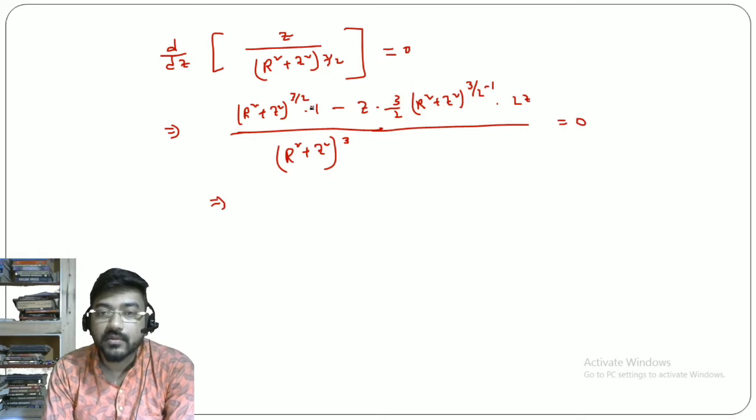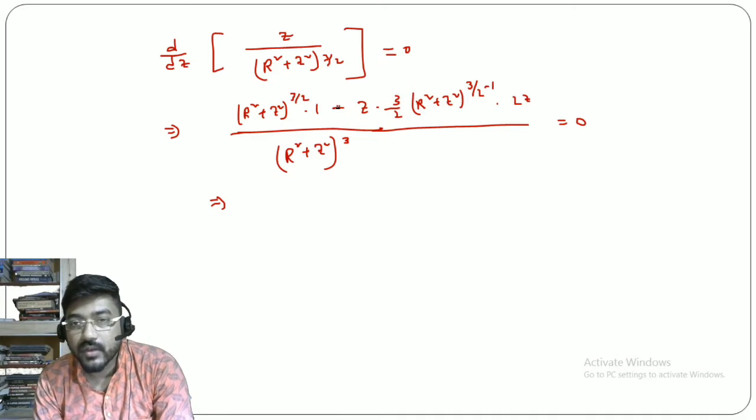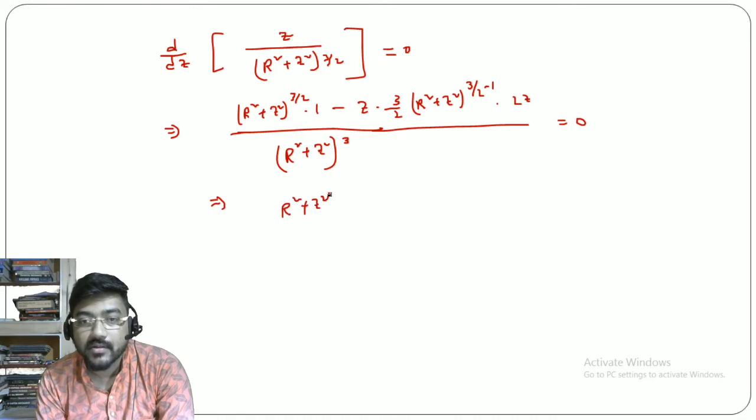So this will imply that as this is 0, the numerator is equal to 0. That means this equals this. You can write from here that r square plus z square to the power 3 by 2 is equal to this. And what will this be? This 2 and 2 will cancel out. This z and z square, so it will be 3z square.